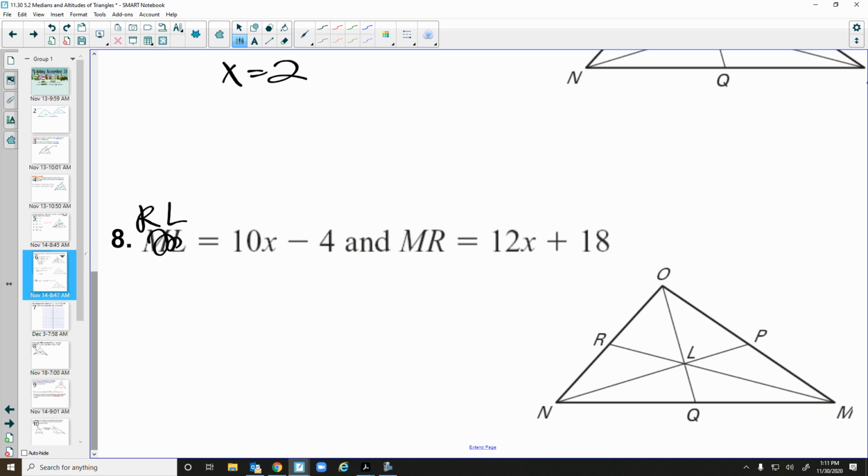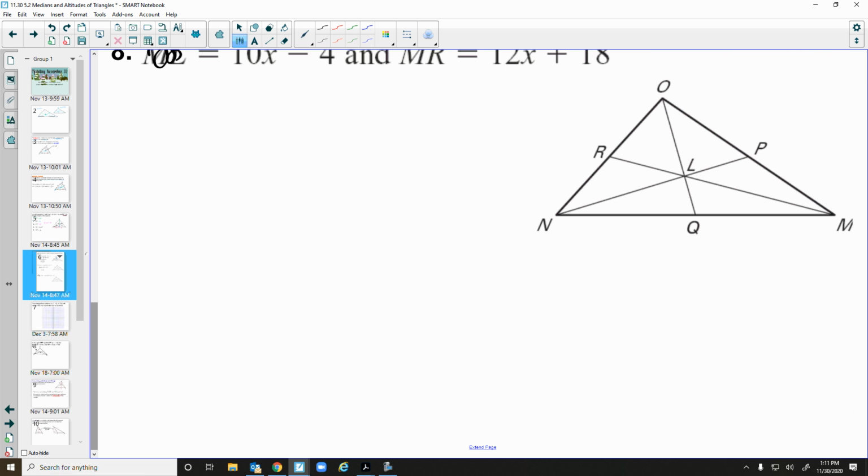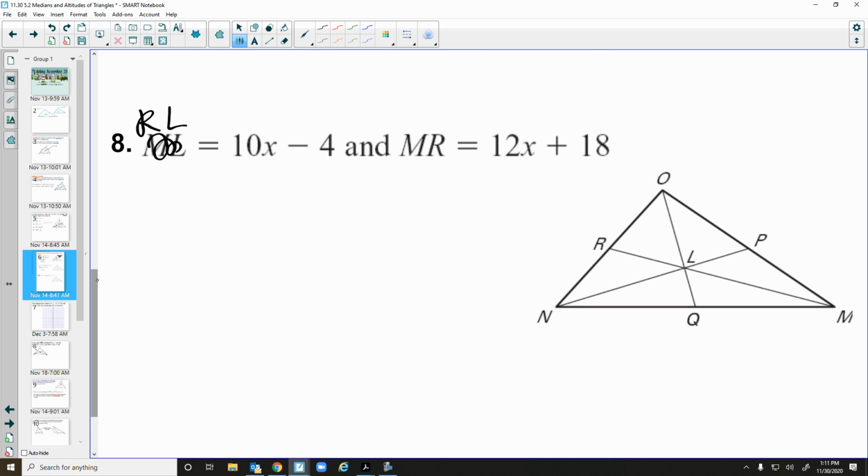Still using the same stuff, but now it's RL. So now you know that this is 10x minus 4, and the whole thing of MR is 12x plus 18.